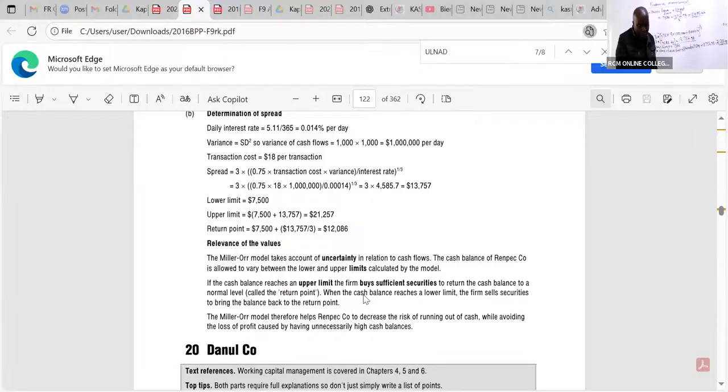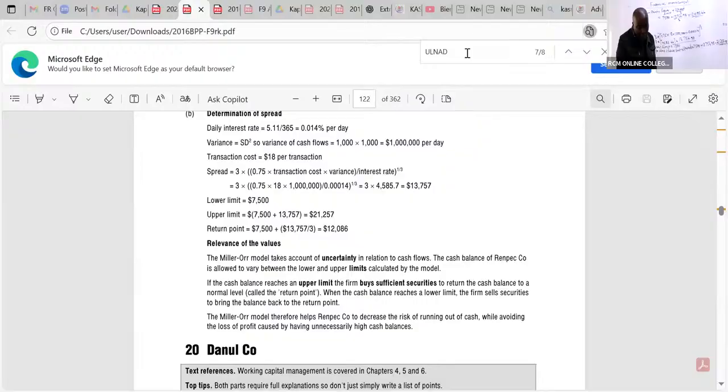So keep on doing that. When the cash balance reaches the lower limit, the firm sells securities to bring the balance back to the return point. The Miller-Orr model, therefore, helps RENPEC company to decrease the risk of running out of cash while avoiding the loss of profit caused by having unnecessarily high cash balances.